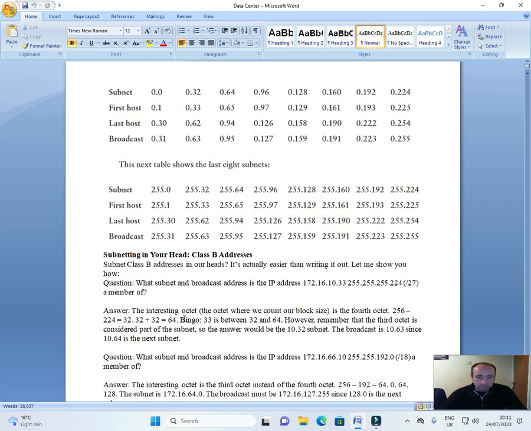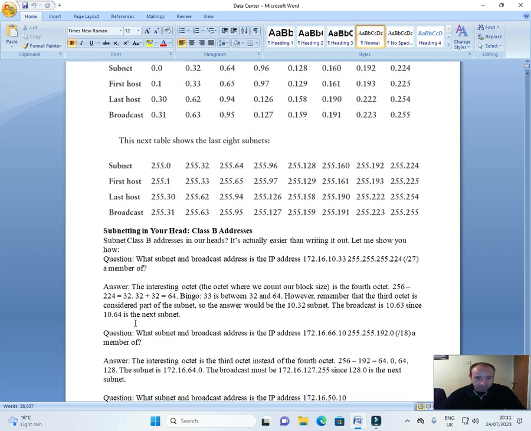Answer: the interesting octet, the octet where we count the block size, is the 4th octet. 256 minus 224 equals 32. 32 plus 32 equals 64. Bingo. 33 is between 32 and 64. However, remember that the 3rd octet is considered part of the subnet, so the answer would be 10.32. The broadcast is 10.63, since 10.64 is the next subnet.